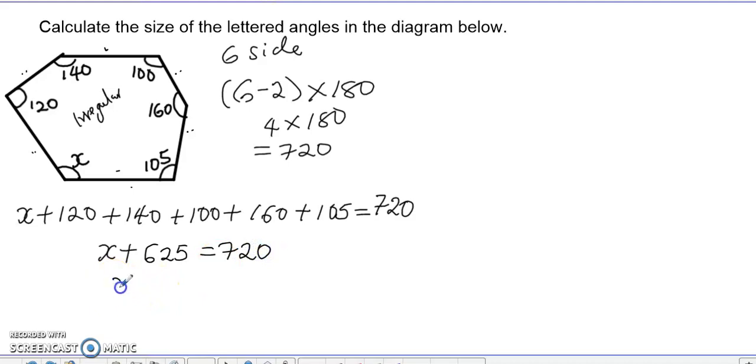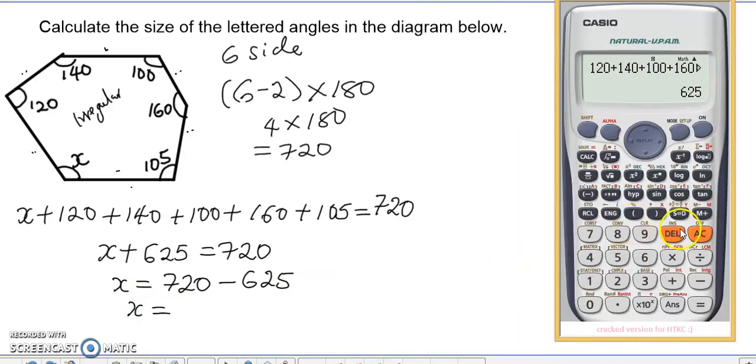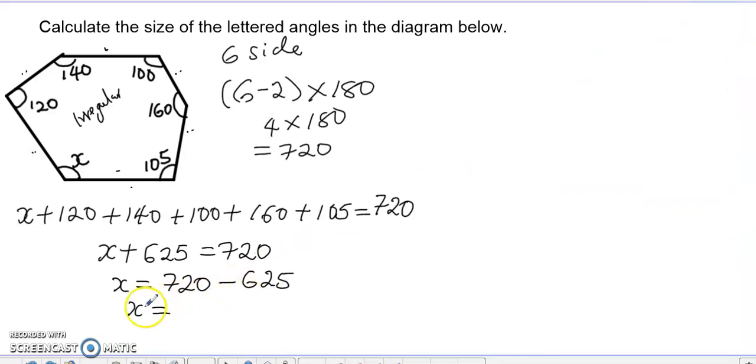Subtracting 625 from both sides, x equals 720 minus 625, which is 95. So our x is 95. This is how we calculate the value of x.